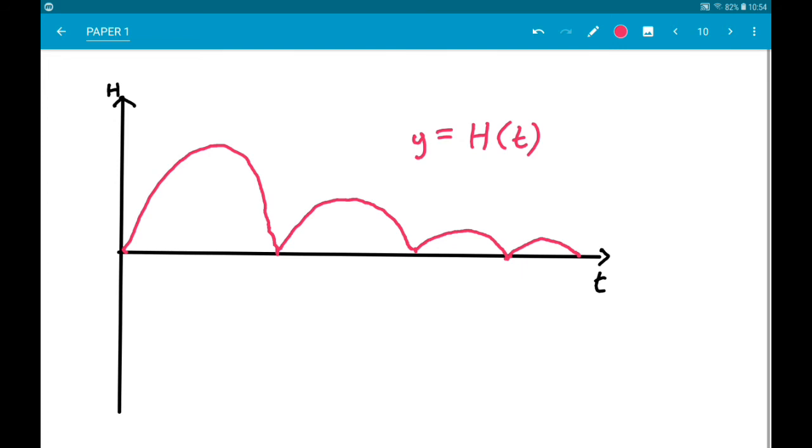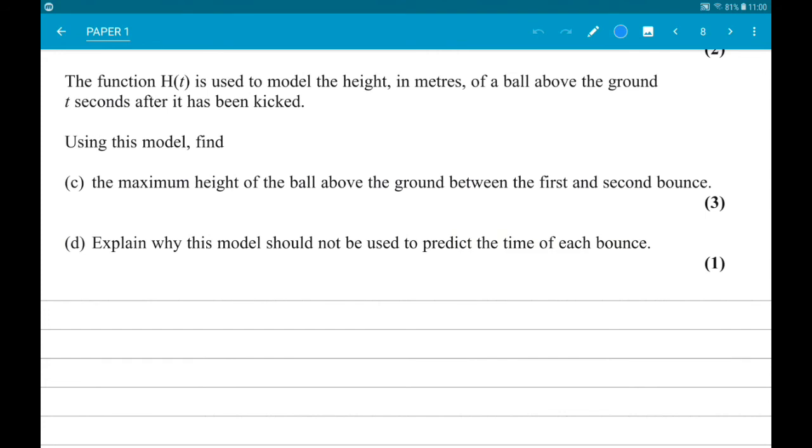So it can never be negative. Okay, then we're told that h is used to model the height in meters of a ball above the ground t seconds after it has been kicked. So think about it, you kick a ball, it goes up, comes down, bounces, goes up, goes down, bounces, etc. Using the model part C, find the maximum height of the ball between the first and second bounce.